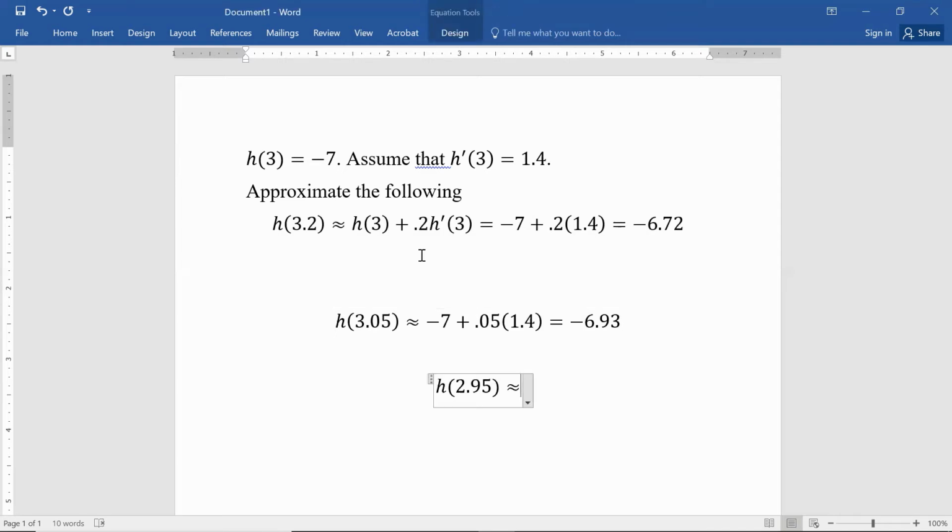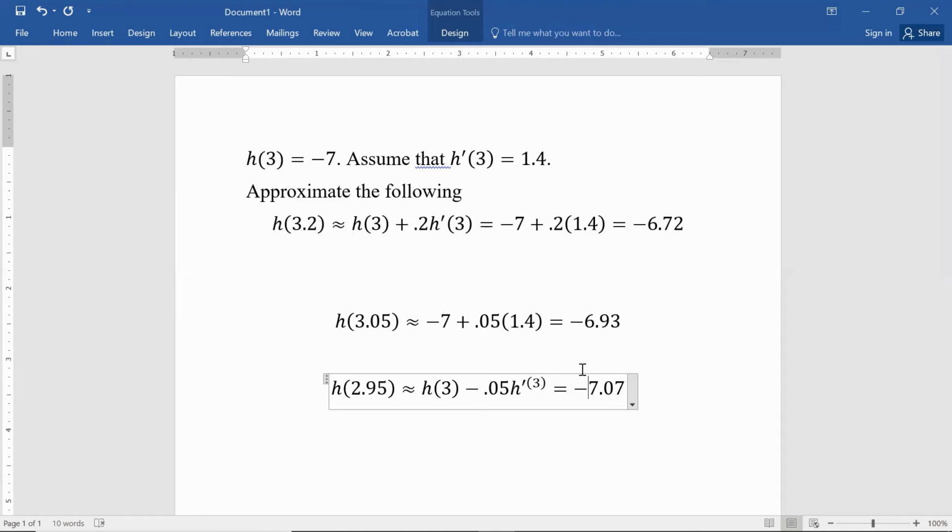Lastly, we approximate when x is 2.95. So we take h of 3, and we're going to subtract 0.05 times the rate of change. When I type in -7 minus 0.05 times 1.4, I get a -7.07.